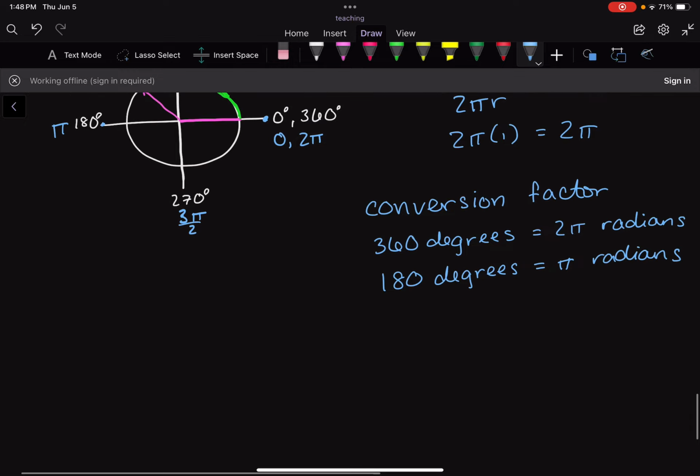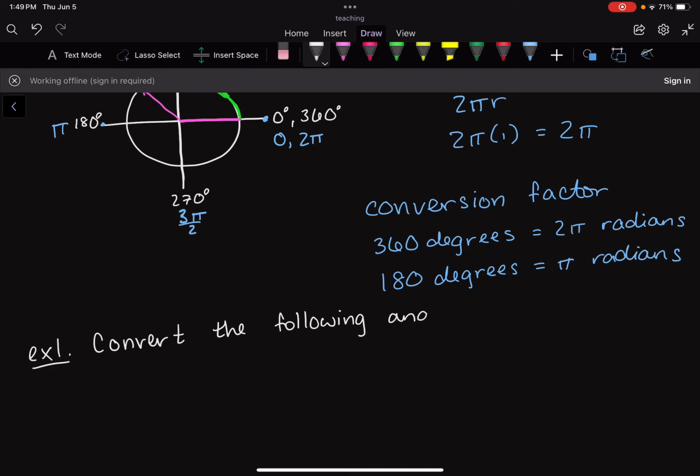Let's talk about how to convert from degrees to radians and also vice versa. So example 1, I'll say convert the following angles from degrees to radians, and vice versa.